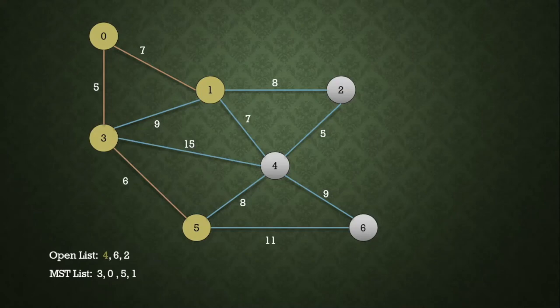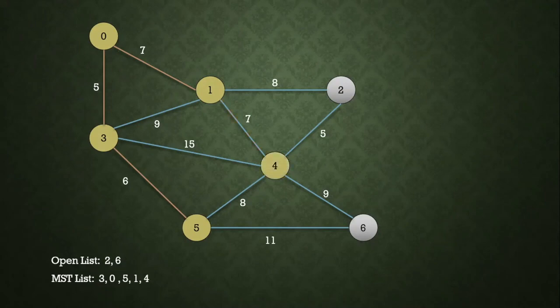So the remaining open nodes are 4, 6, and 2. If we put 4, 6, and 2 in the MST list, then the MST list will be complete. That means the MST graph is complete. So we're going to find the next one among these adjacents.